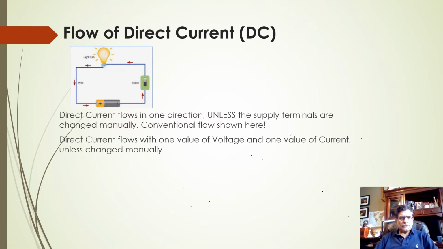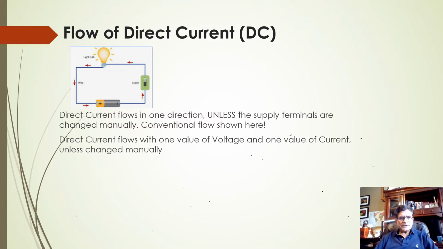And this flow of electrons or current is always in one direction, as I said earlier, unless we switch the terminals of the supply. If we change the direction of the cell here, then the current will flow in the reverse direction.